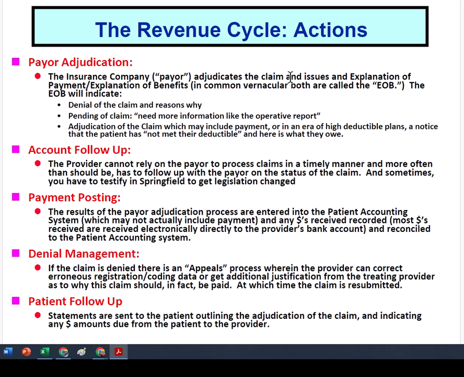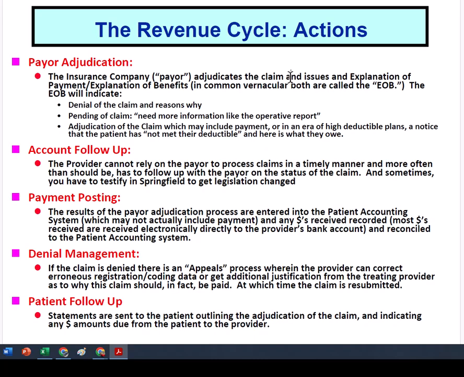In 2000, I went down and met with state legislators to get them to require the workers' comp companies to pay timely, and we got an amendment to the Workers' Comp Act that they had to pay interest on the claim if it wasn't paid within 60 days.